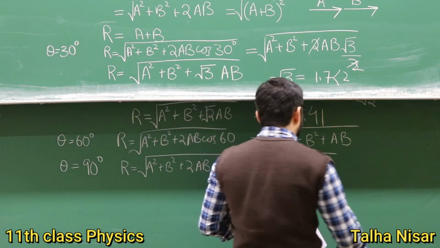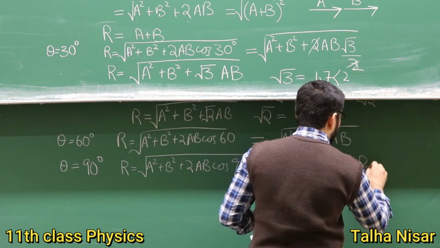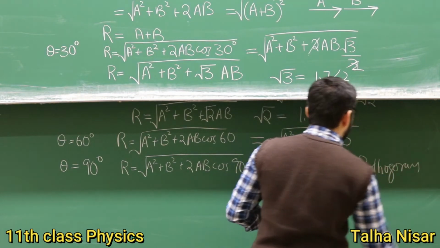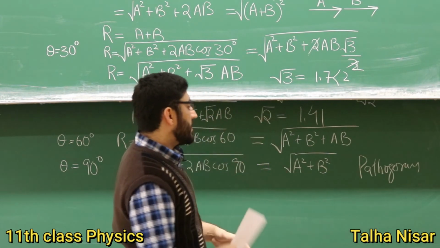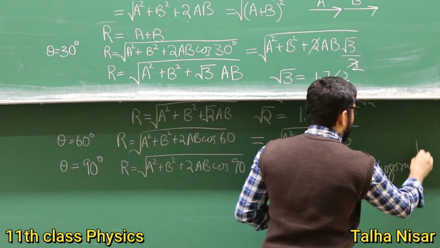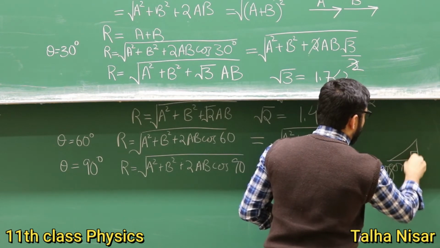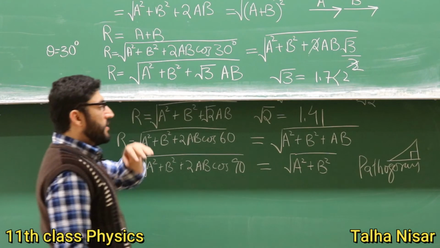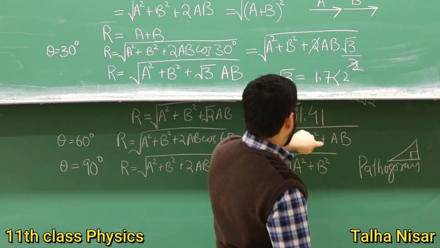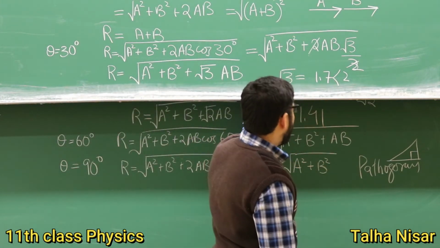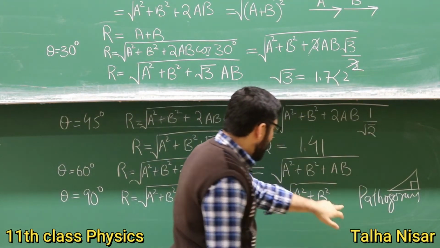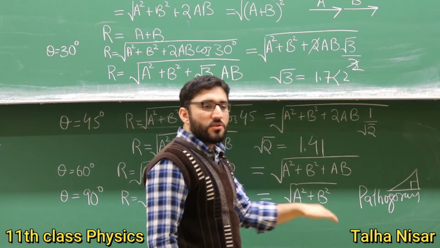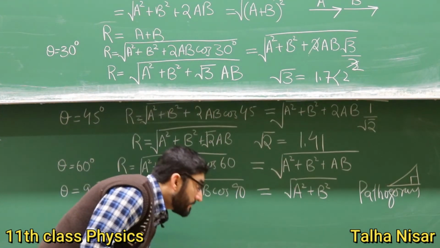This is the special case called the Pythagoras theorem, which is only applicable for the right angle triangle. So the factor was 1.7, 1.4, 1, and here it is 0. It's constantly going down.